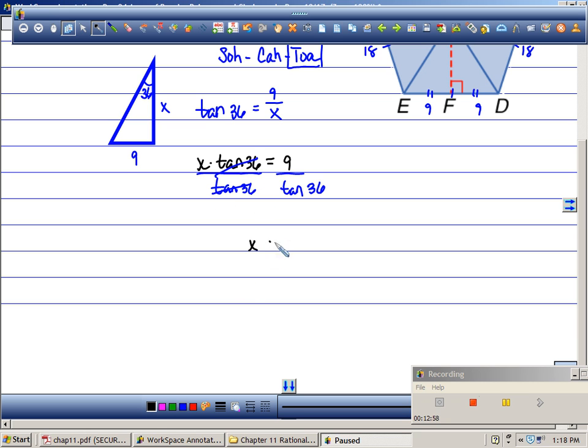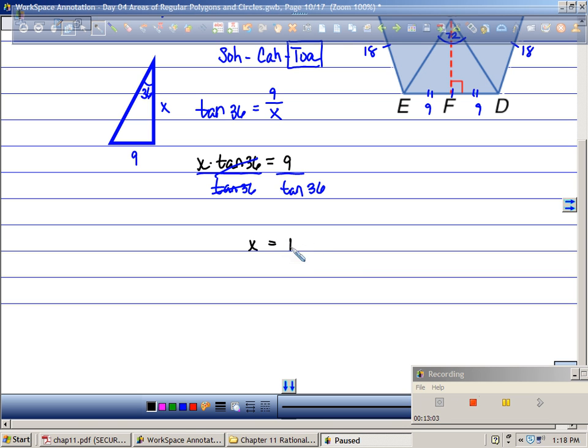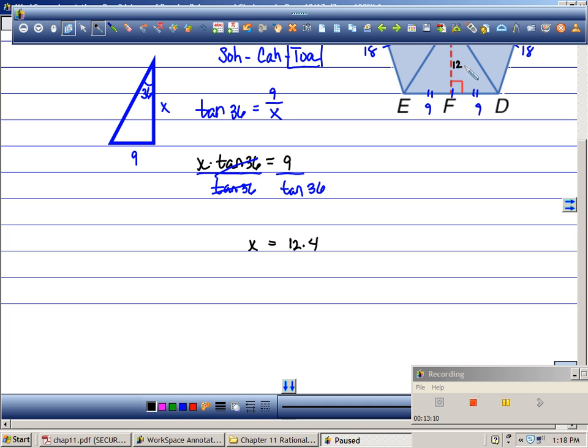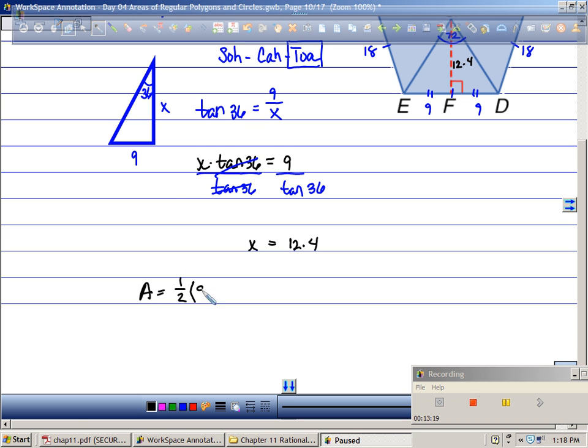And then I've got x equals, and I already worked it out for you, 12.4. That's the apothem. So now that I know the apothem, can't I find the area of that figure? Area equals half of 90 times 12.4, which equals 557 meters squared.